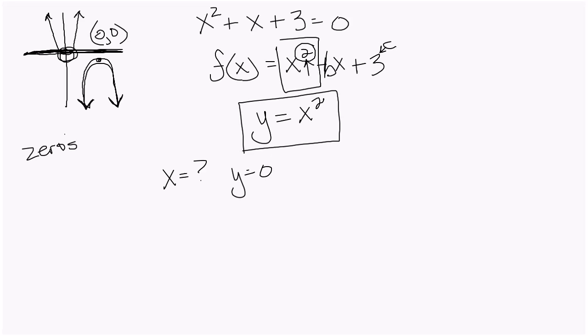So your minimum is going to be the bottommost point if your graph opens up, and your maximum is going to be the topmost point. And these minimum and maximum are called the vertex. We're going to learn in section 3.1 how to find the vertex. But first of all, we need to find our x-intercepts, or the zeros of the function.